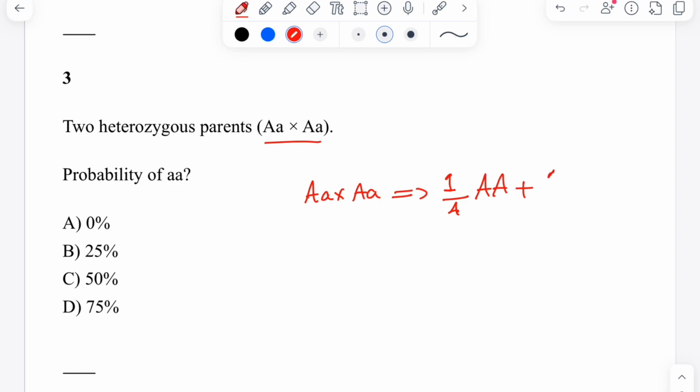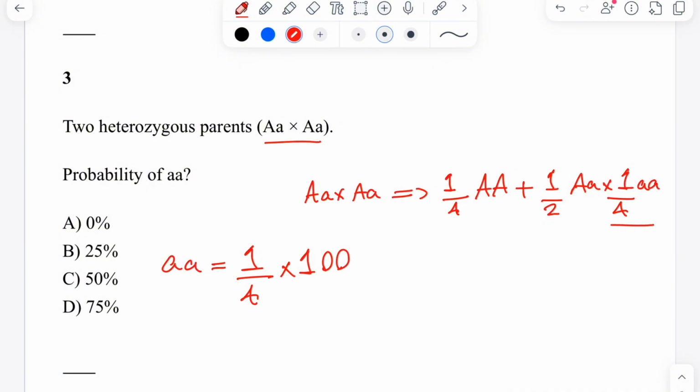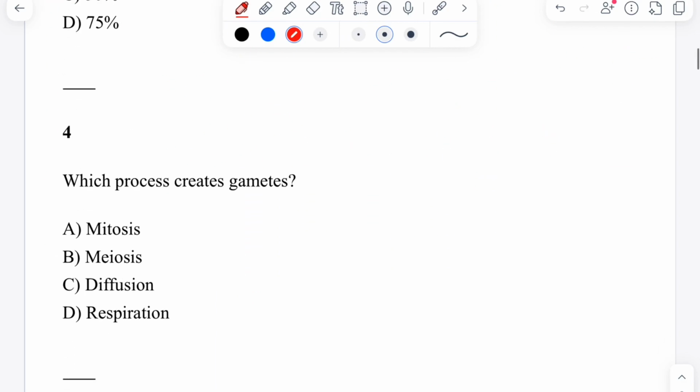And 1/4 double small a. So multiply, it means 25%. Should be.